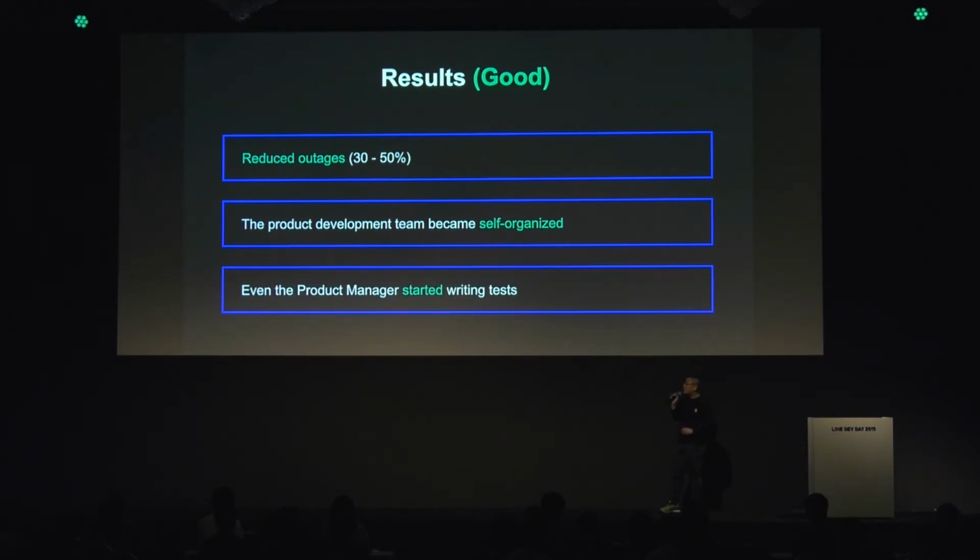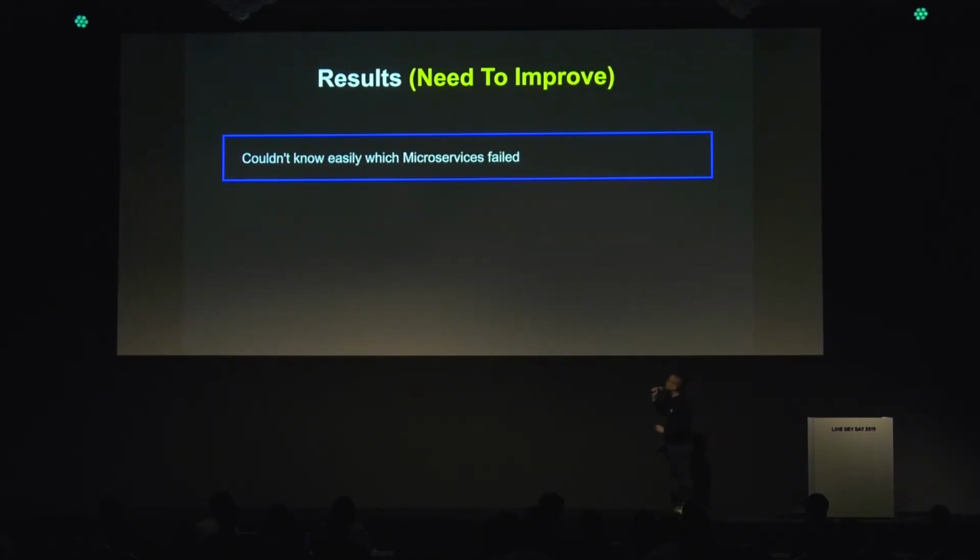So the support became much lighter. And another thing which was interesting, the product manager started writing test codes. And it's not only writing test code, but it's product management-wise, it became a very interesting point. So I would like to come back to it later. So we were able to see very good results.